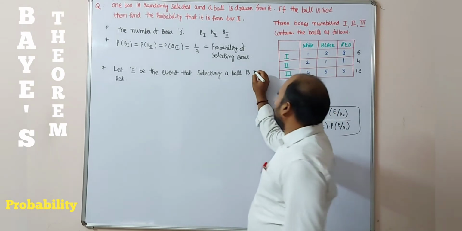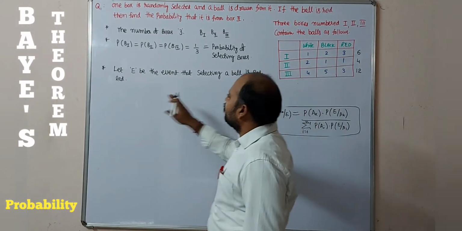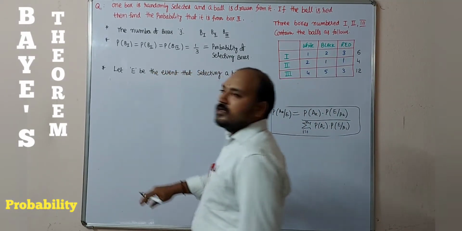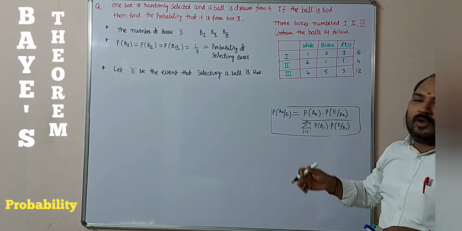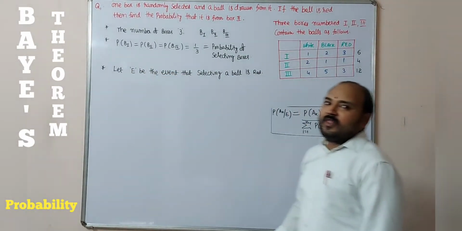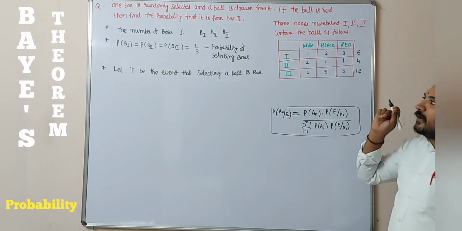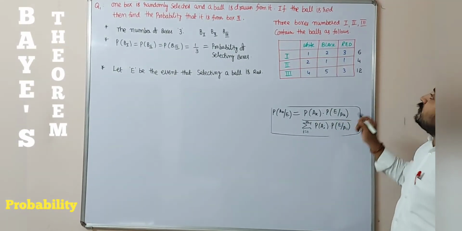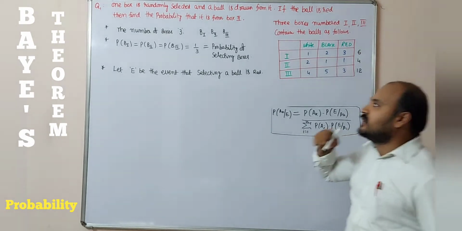Here only red. The ball is red. So for the red ball, not only one bag, 3 bags are there. So selecting the red ball from which bag? First bag we will see that.